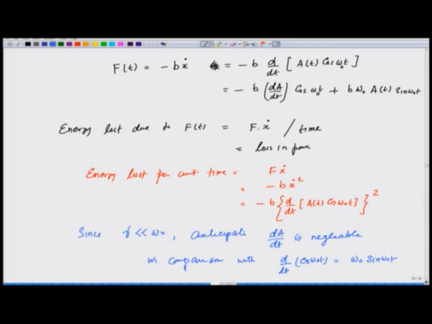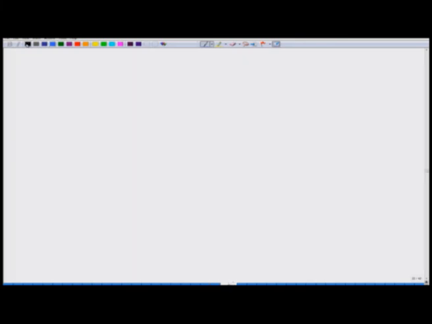So, what we are saying in essence is, gamma is much less than omega 0. So, 1 over gamma is much greater than omega 0 inverse.